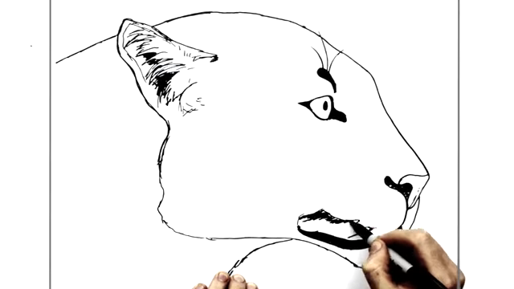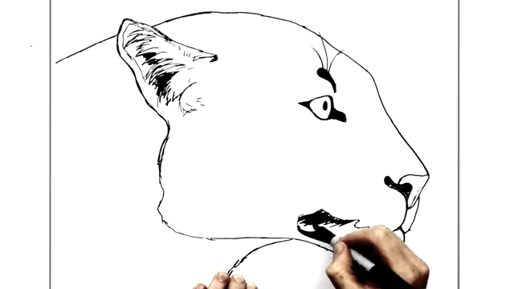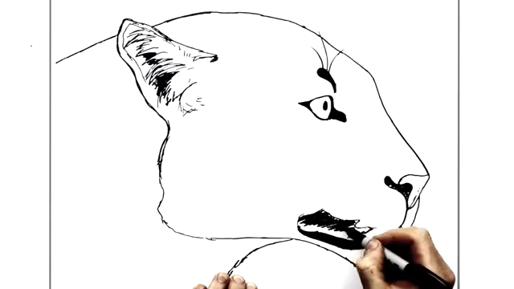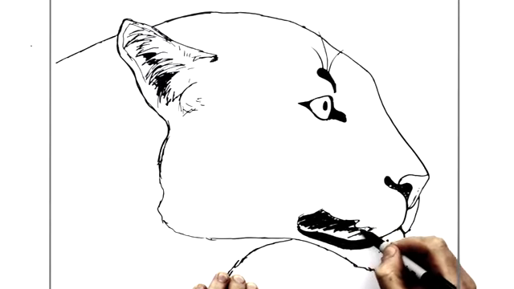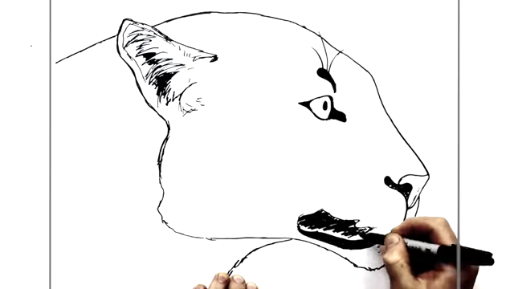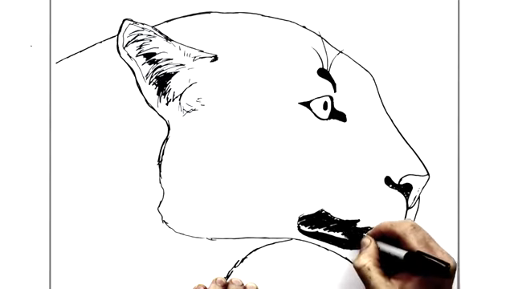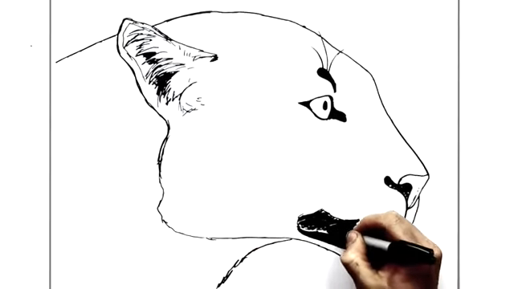I'm going to leave a couple of white spots on it. I'm not going to colour it in completely black, I'm just going to sort of leave some white marks just to show some fur. And maybe along the rim of his lip there, I'll leave it white mostly.